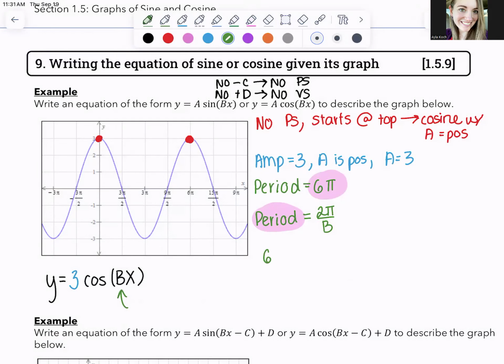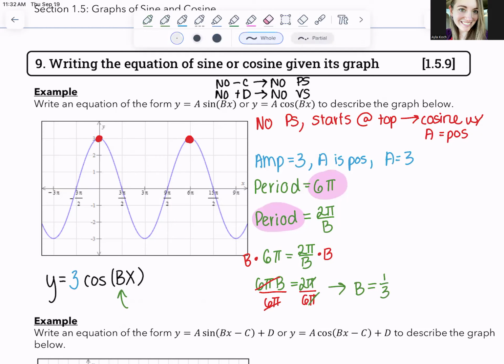So 6 pi is equal to 2 pi over B. To get the B out of the denominator, I am multiplying both sides by B. So I have 6 pi times B is equal to 2 pi. To get B by itself, I am dividing both sides by 6 pi. The pi's will cancel, and we are left with B is equal to 2 over 6, which is 1 over 3. So B is 1/3.